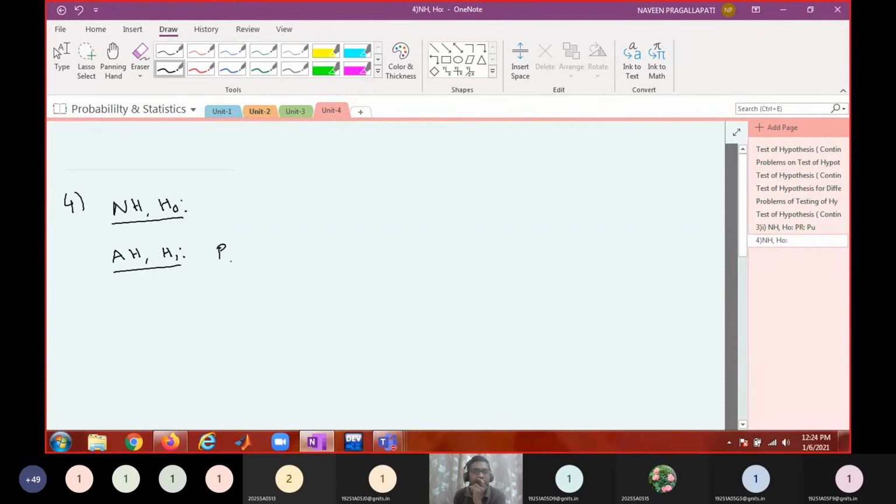Difference means P allopathic minus P homeopathic. The difference is at least 8% means what? How do you frame this? Greater than or equal to 0.08. 8% means 0.08. Yes, 0.08. But we cannot put the equality symbol in the alternate hypothesis.